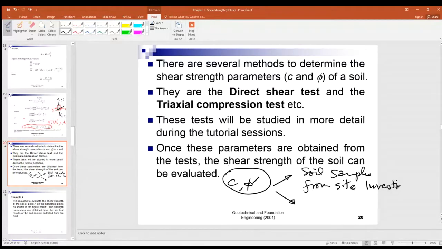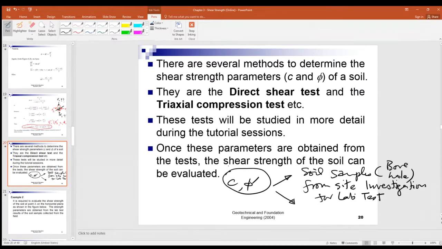You spend a lot of money to do the borehole, to drill the holes into the ground, and then at various depths, you collect the soil samples from the underground borehole and send all the soil samples for lab tests.